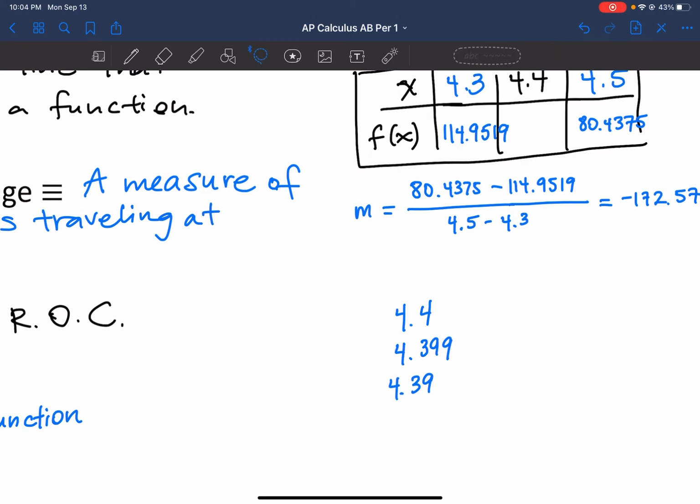And there's still yet a number in between 4.399 and 4.4, which is 4.3999, and so on and so on. This type of mentality is the limit as x approaches 4.4, and we'll get to those starting tomorrow.